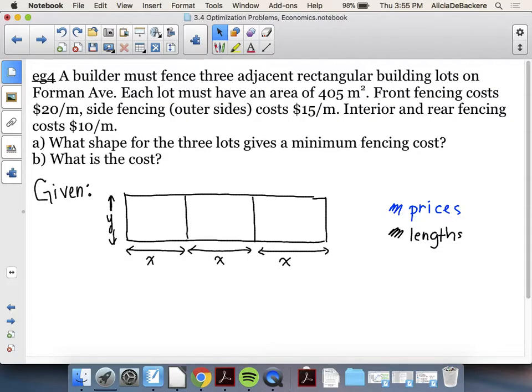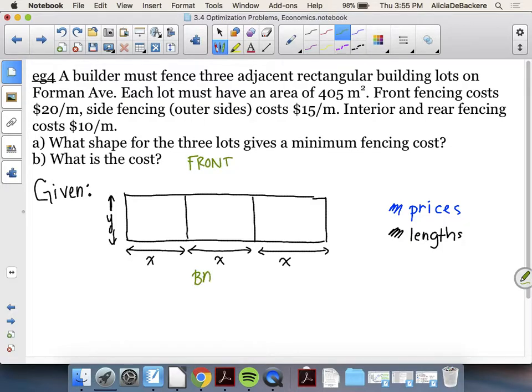It's talking about having a front of each of these lots. So each of these lots must front onto the road. So I'm going to call this side the front and this side the back. And what I know then is that the front fencing costs $20 per meter. So this chunk of fence here is going to be $20, $20, and $20 times the length.